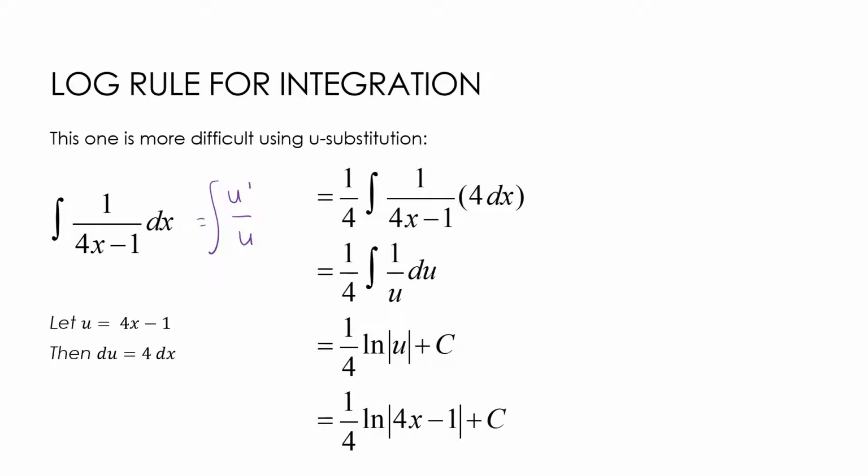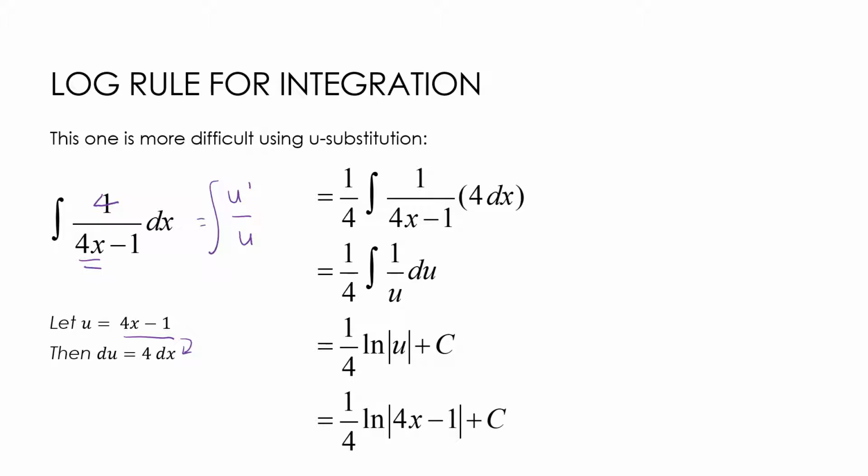So here, if I have u prime over u, then I know if u is 4x minus 1, and of course I'm going to let u be the denominator because that's what I want, is 1 over u, right? So u is 4x minus 1. du would be 4 dx, so 4 because that's the derivative. So what I have to do is multiply by 4 on the inside so that it's in the u prime over u position.